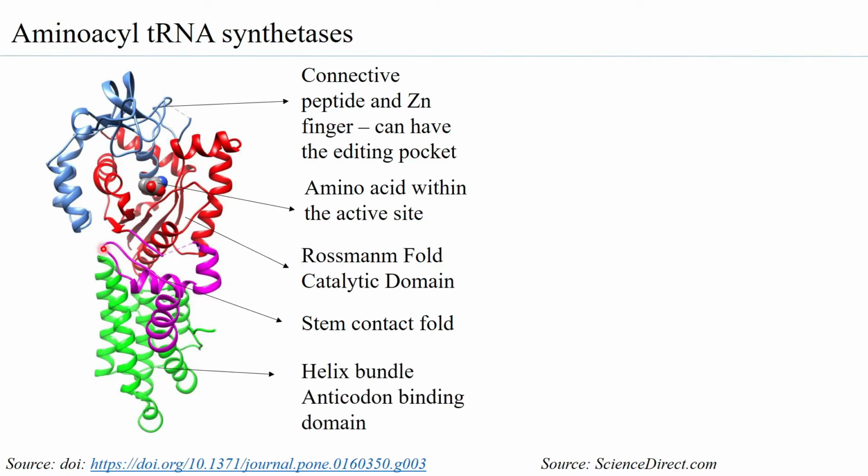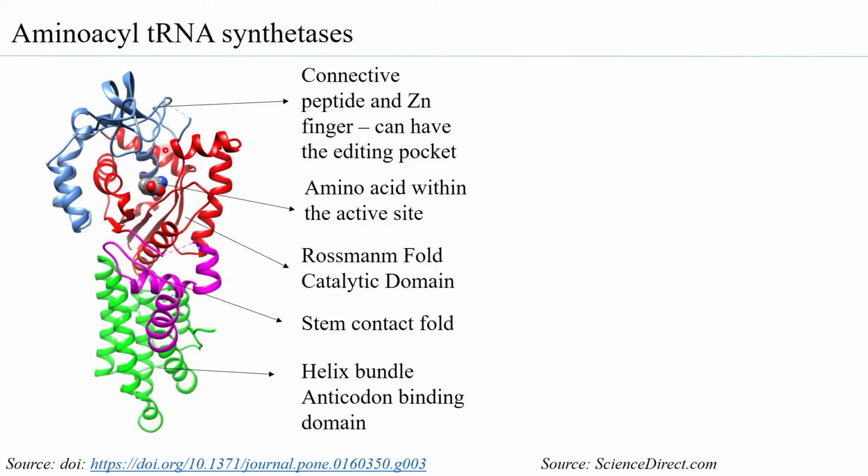And last but not least is a bundle of alpha helices, and this bundle of alpha helices is specifically able to interact with the anticodon of the tRNA. So this particular domain of the aminoacyl-tRNA synthetase is called the anticodon binding domain.